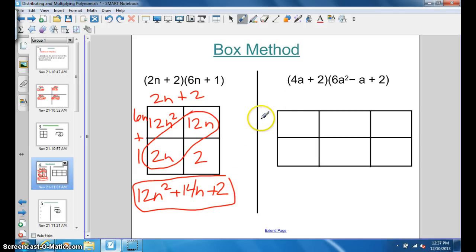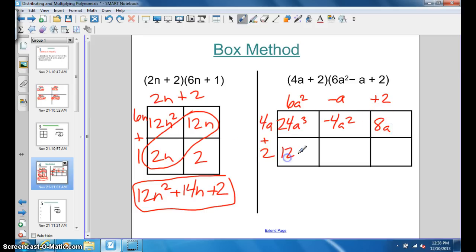So we're going to save the room over here. 4a plus 2, 6a squared minus a. Make sure you take that minus with that a, plus 2. So once again, we're going to multiply these together. So we get 24a cubed minus 4a squared plus 8a.